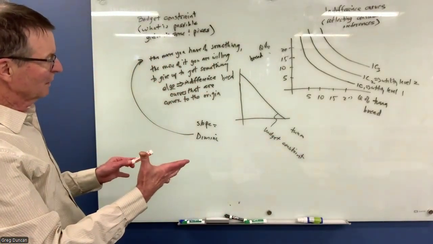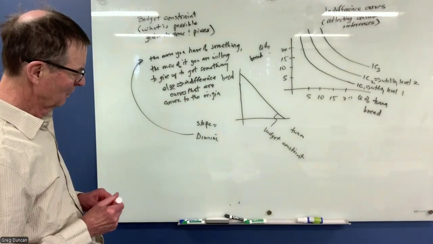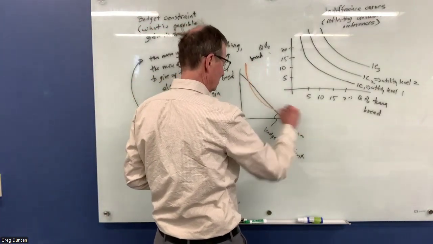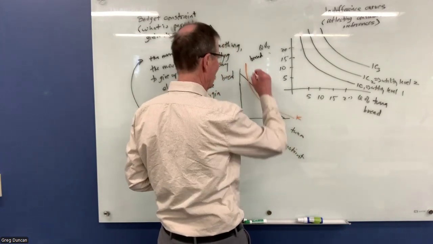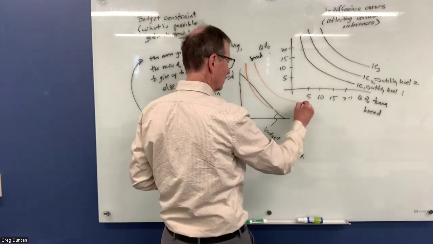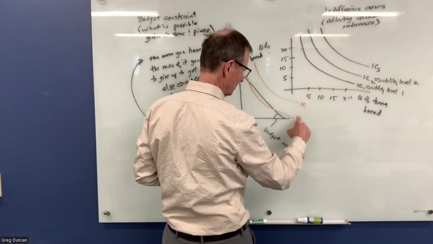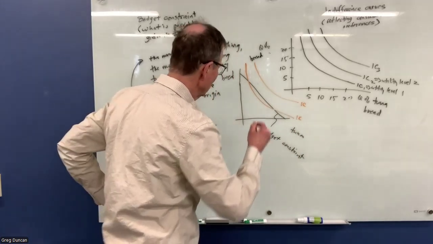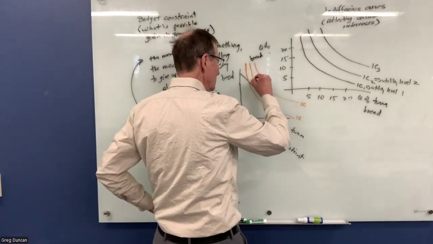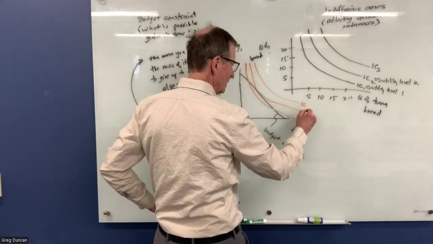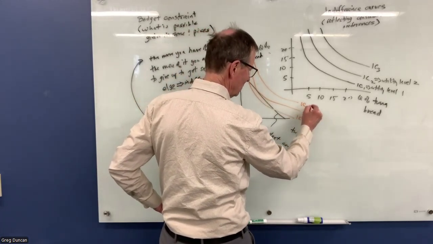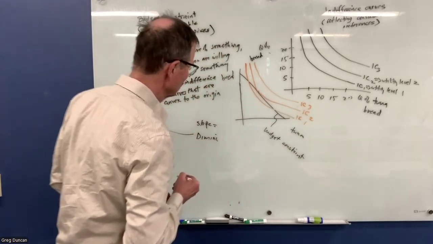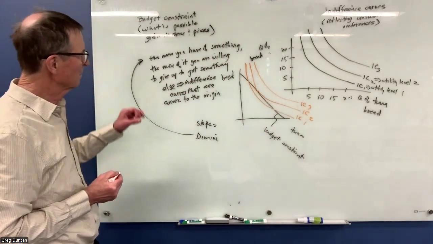Now we bring in the consumer preferences, and there'll be an indifference curve that looks like that, an indifference curve that looks like that. And there's going to be one, two, three. There's going to be one that is just tangent to the budget constraint.